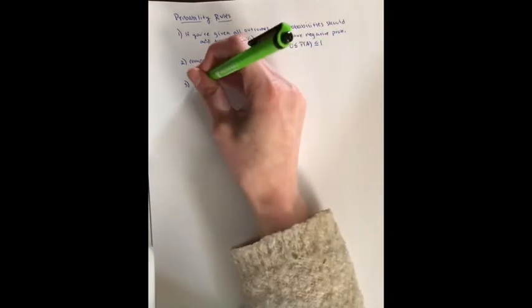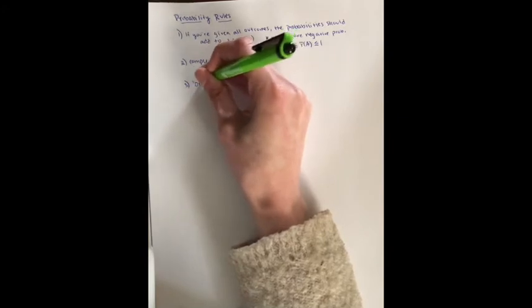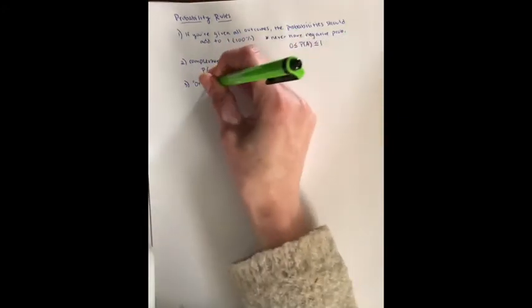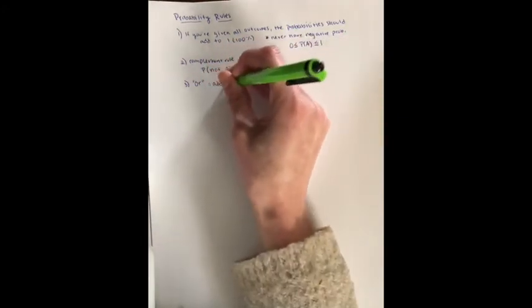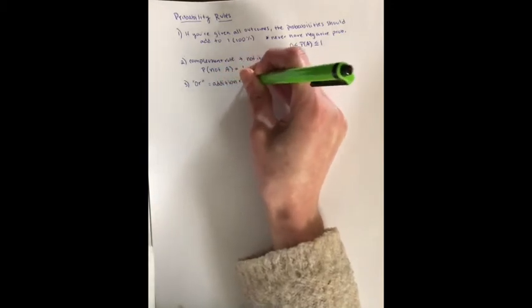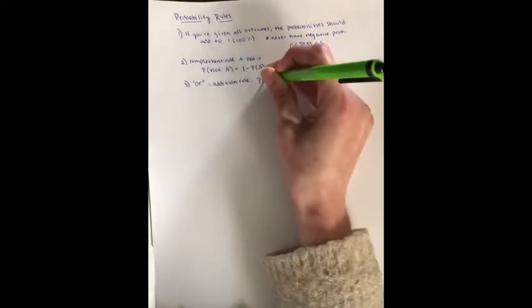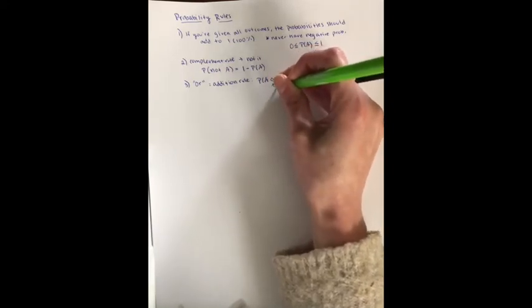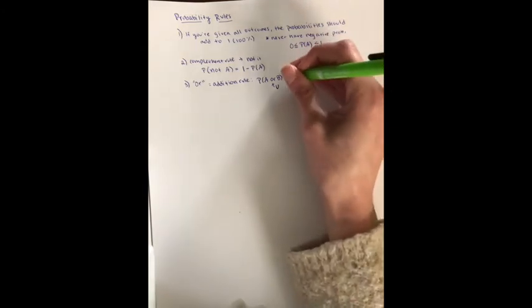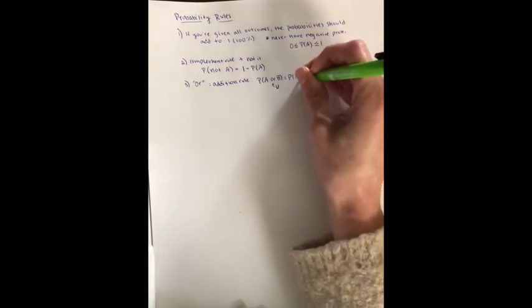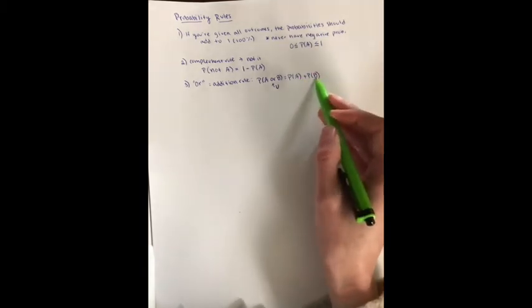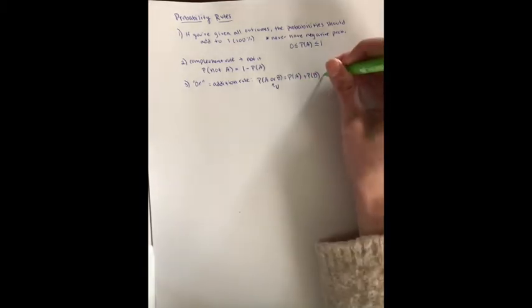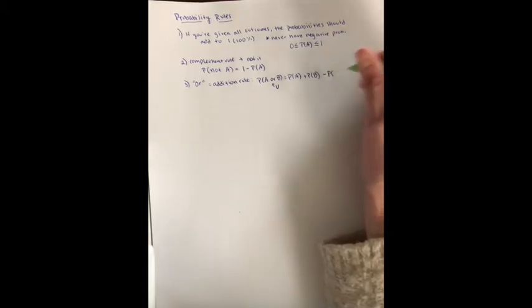The OR rule. When you see OR, it is the addition rule. OR means add in probability. So if you see P of A or B, and you can write OR with that big U, that's the probability of A plus the probability of B. And if there is some overlap between A and B, you need to make sure you're not double counting anything.